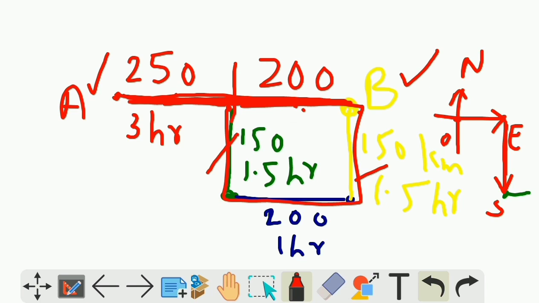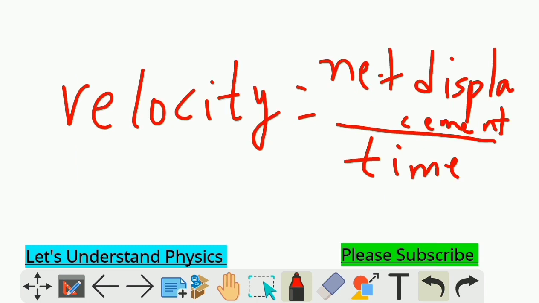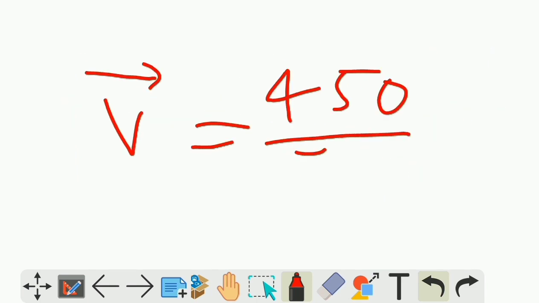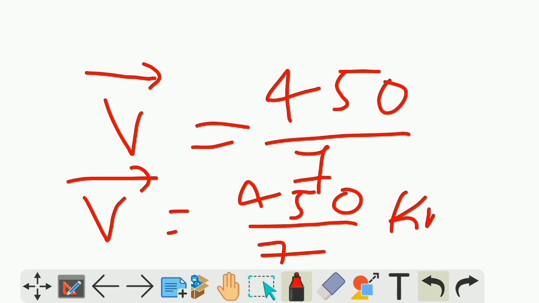No, isn't it? He has travelled by taking how much time? Total time you have to consider even for velocity. So total 7 hours you have to take. Understood? So V bar will be equal to 450 by 7 kilometer per hour.